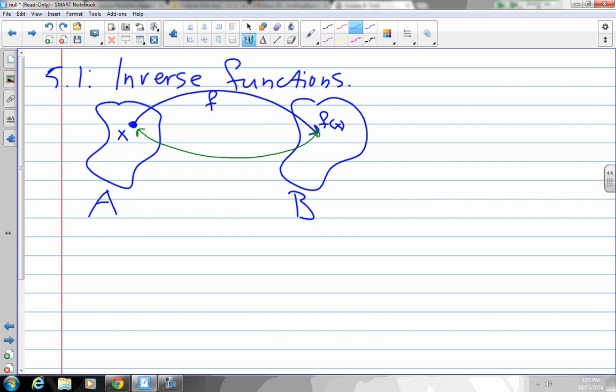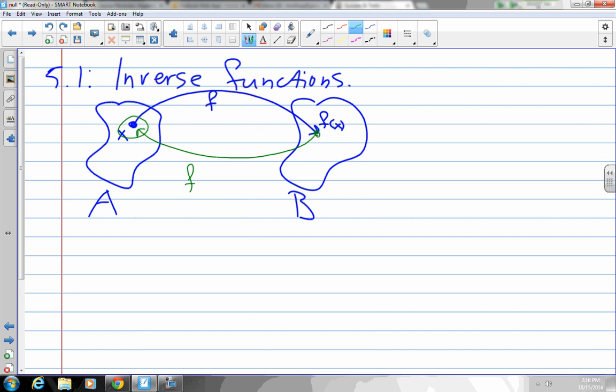So this is why the composition always results in x. If you do the composition, apply f first and then apply the other one, you're back where you started. Or go the other way around: apply the green one first and then apply the blue one, you're back where you started. That's the idea. Now, this is the inverse. We have a special notation for inverse functions.